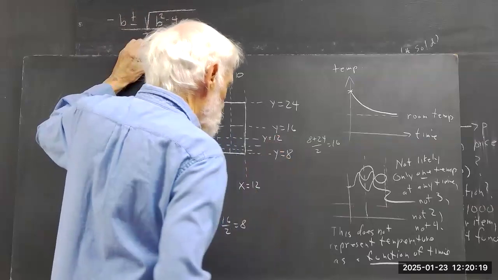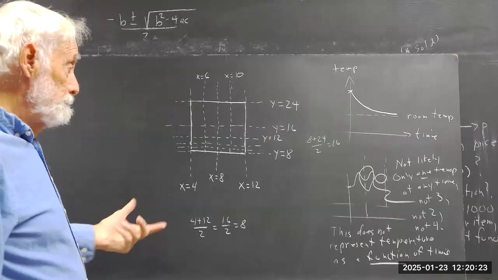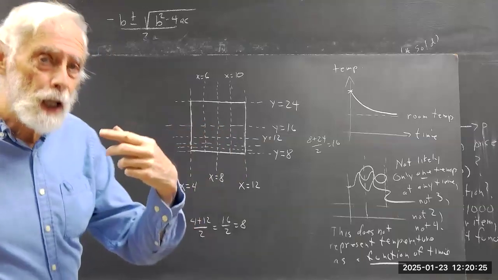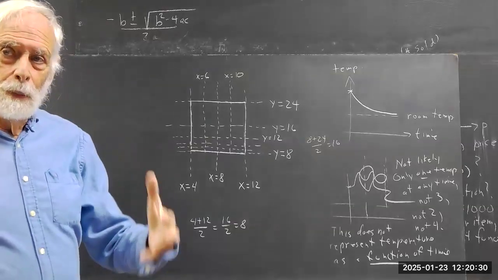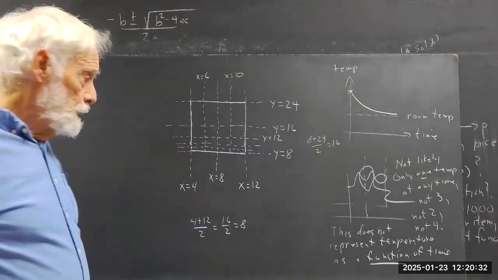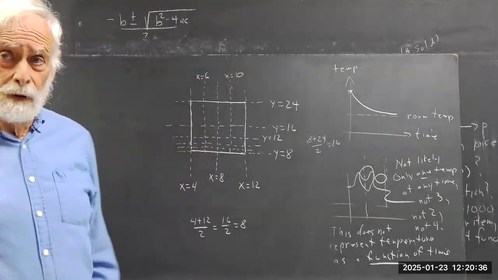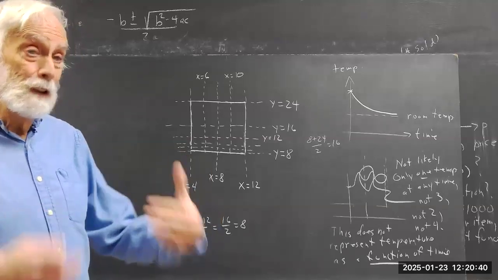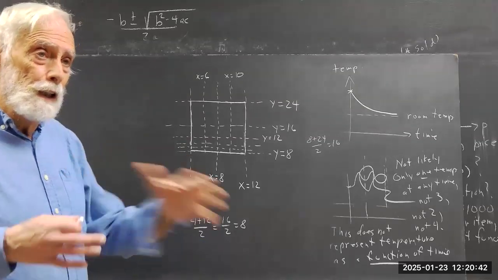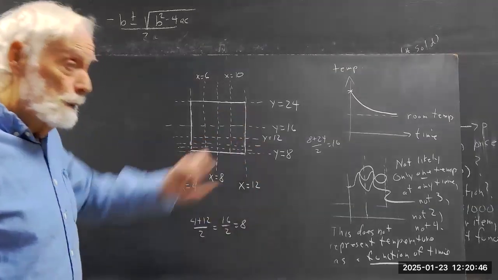You have to write them out. Now you do that, 8 plus 16 divided by 2, halfway. The difficulty people frequently have in answering this question is just remembering that this is halfway between here and here. But of course, when you drew the pictures, you got the halfway thing. So you have to connect what you did in the picture with the numbers.